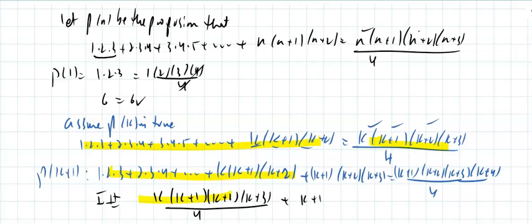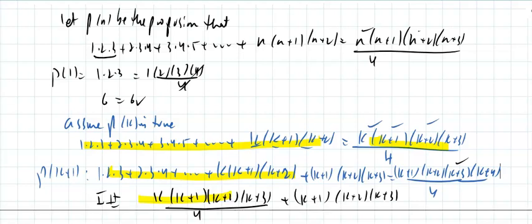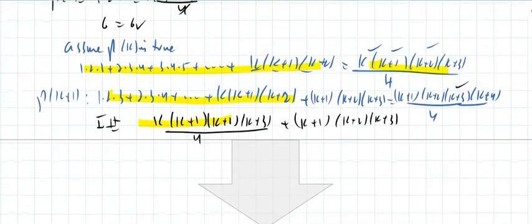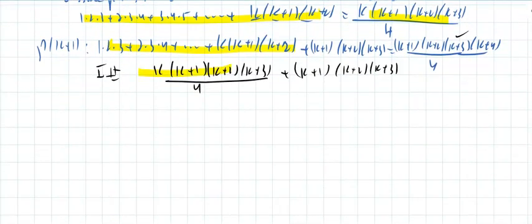Plus k plus 1 into k plus 2 into k plus 3, and we want to show you get that. So the way we do that, we look at those and say, you know what, we could factor a k plus 1, a k plus 2, and a k plus 3 out of those.